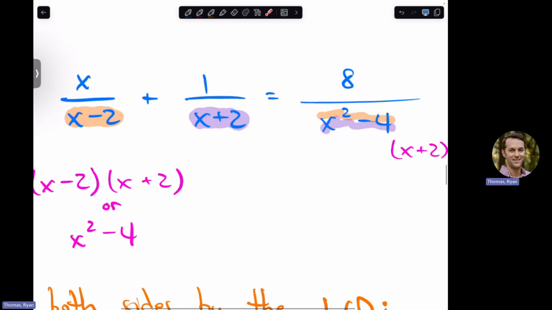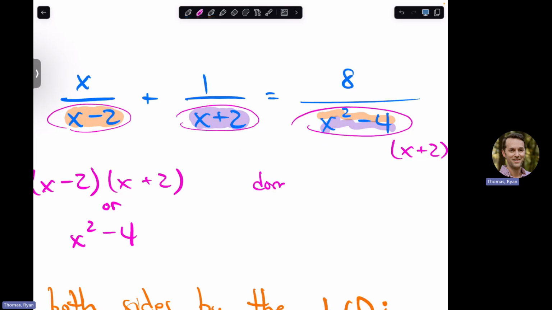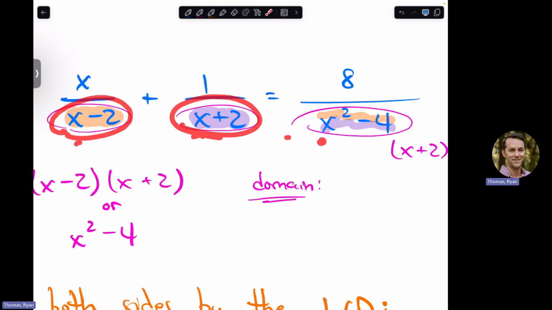Go all the way back to the original thing. Look at these rational expressions and think about the domain. What can x not be here? It can't be 2, and it can't be -2, because if x is 2 or x is -2, one or more of these things is going to be undefined, right?